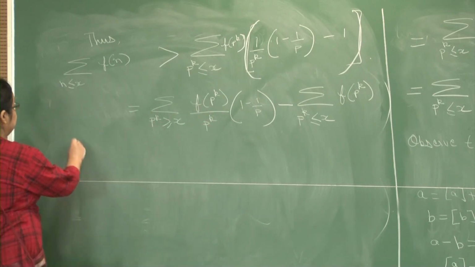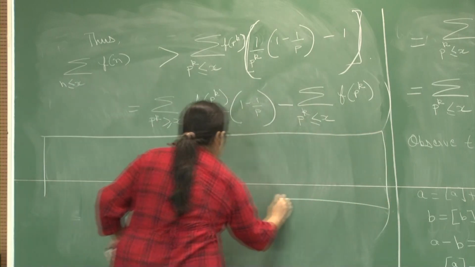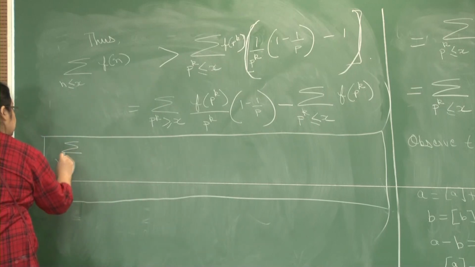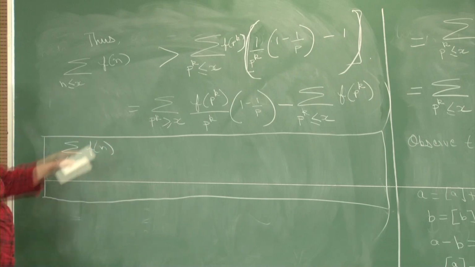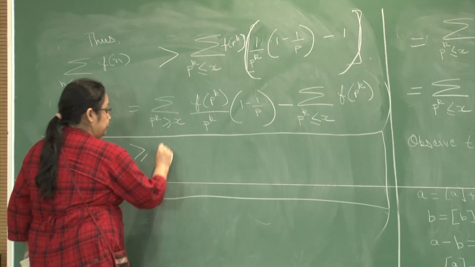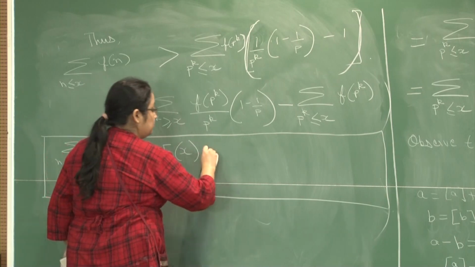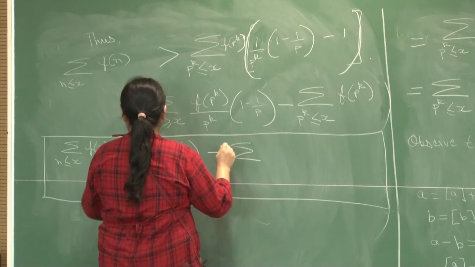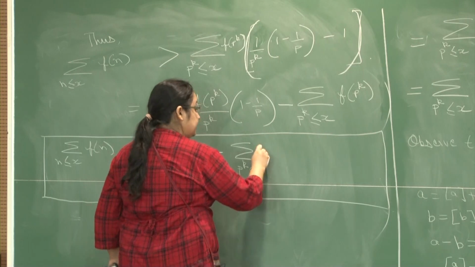So, the other inequality that we have just derived is that the summation over n up to x of f of n is greater than or equal to E of x minus, actually this is a strict inequality, the sum over p to the k up to x.